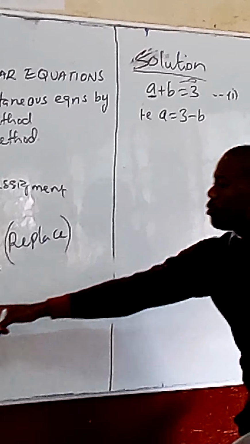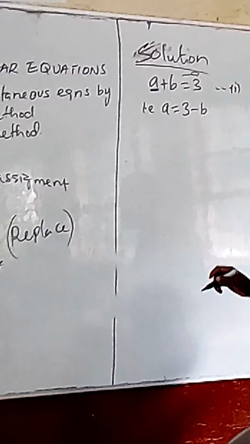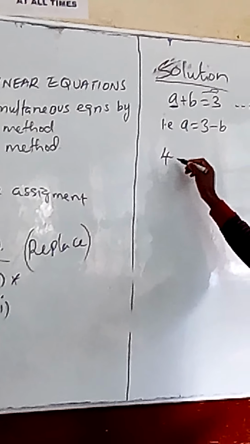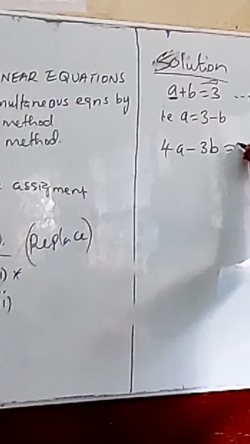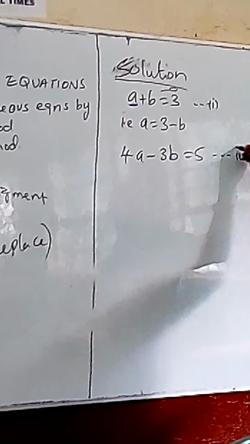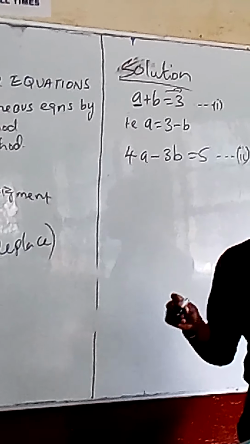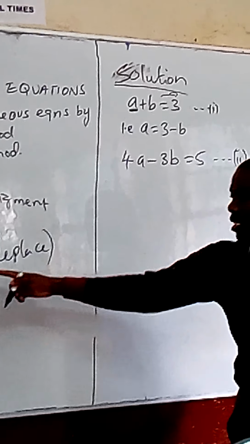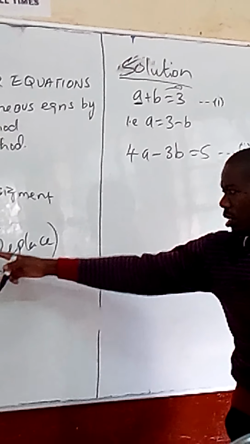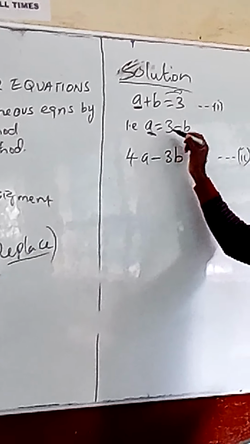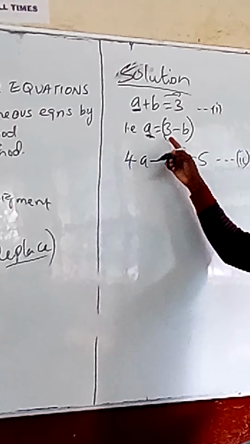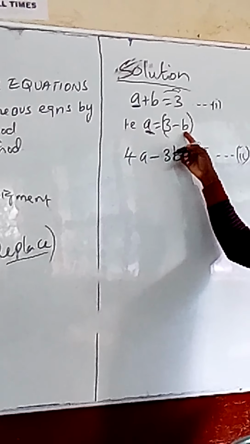So, now you pick equation 2. 4a minus 3b is equal to 5. This is equation 2. Now, under this method of substitution, we want to replace a with 3 minus b.